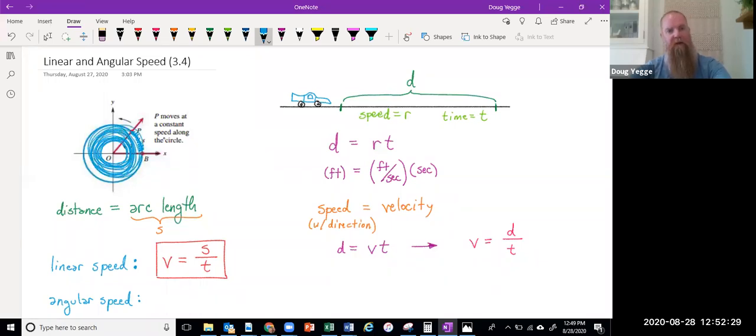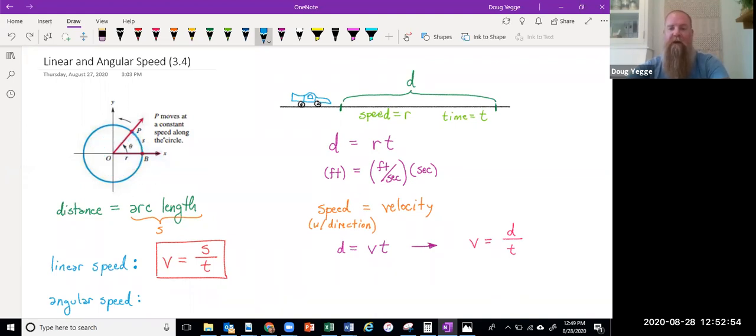And the rate at which the angle changes as you move around this circle, how fast is that angle changing? So if it was changing really slowly, maybe like the gear on a watch, it would be relatively slow, pi over 3 radians per second. But maybe it's a tire that's moving on the freeway and now it's going really, really fast. And so maybe it's going 18 pi radians every second.